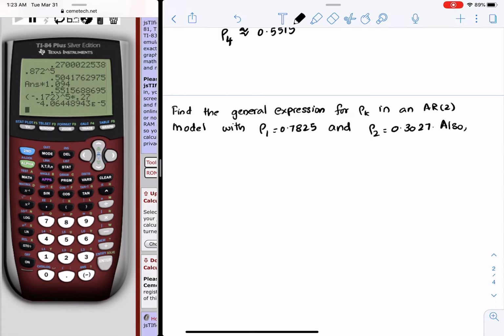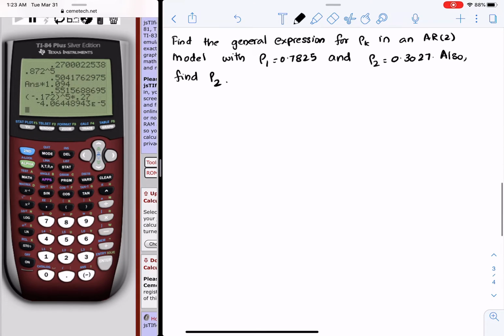Also, we are going to find rho 2. So rho 1 is 0.7825, rho 2 is 0.3027, and we do not have phi 1 and phi 2 in this problem. So our first objective is to fit the model.